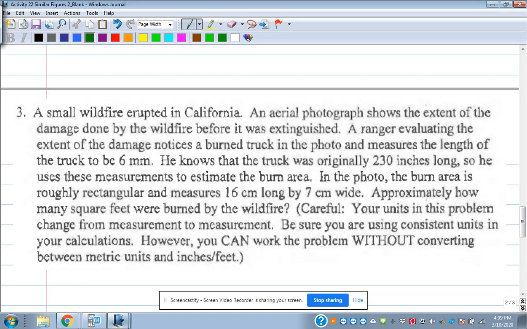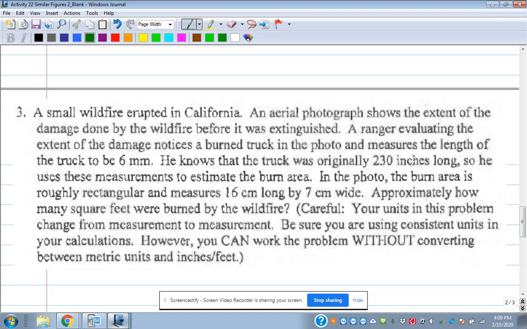Small wildfire erupted in California. An aerial photograph shows the extent of the damage done by the wildfire. Okay. So it's done some damage before it was extinguished. The ranger evaluating the extent of the damage notes a burned truck in the photo and measures the length of the truck to be 6 millimeters.